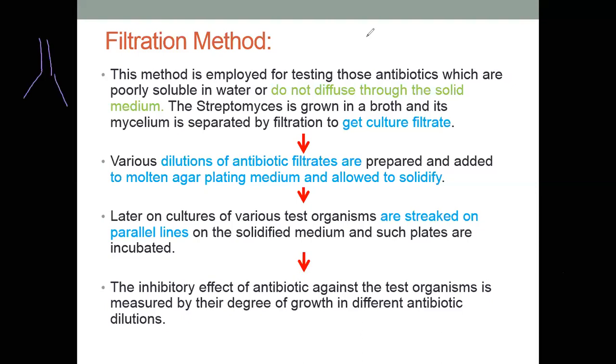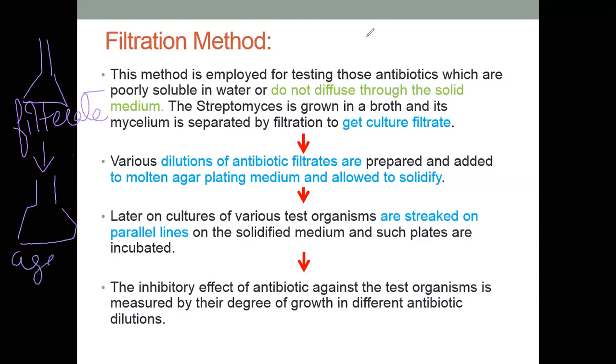So let me just explain things a little further. What do you have? You have, let's say, a filtrate here. This filtrate is added into another flask, and this flask contains agar, but in molten state, right? So now you've added that filtrate in agar medium.